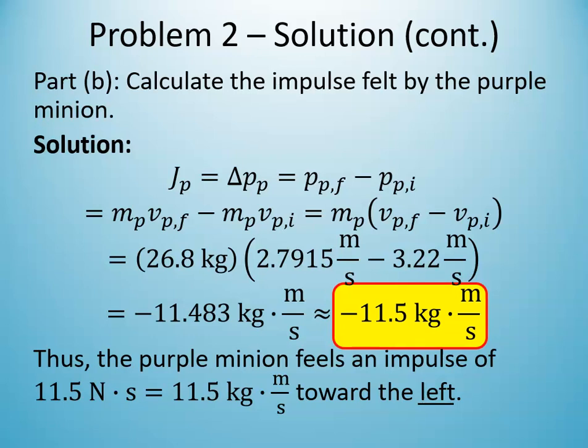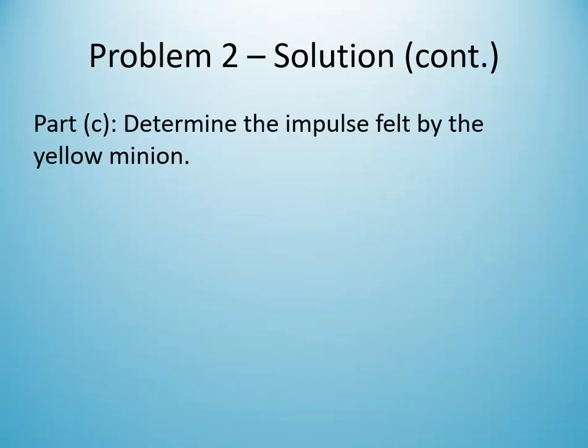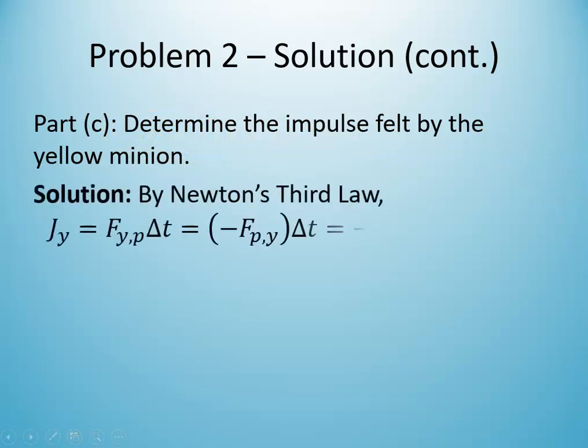What about the impulse felt by the yellow minion? Let's notice I rephrased this slightly. I didn't say calculate it, I said determine it, though in the original question it wasn't so clear. Well, Newton's third law tells us that every force results in an equal and opposite force. So the impulse felt by the yellow minion, which by the impulse equation is the force felt by the yellow minion times the time of the collision.